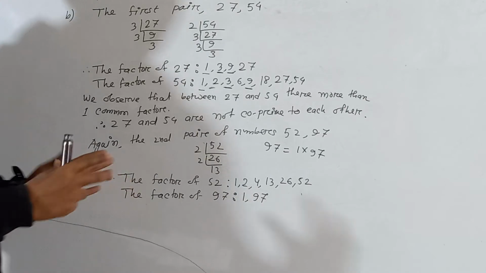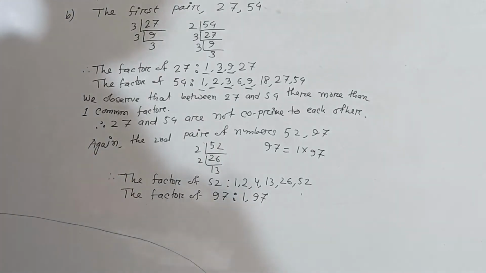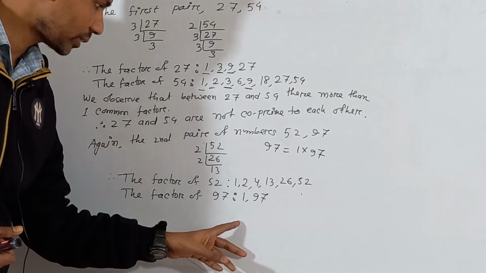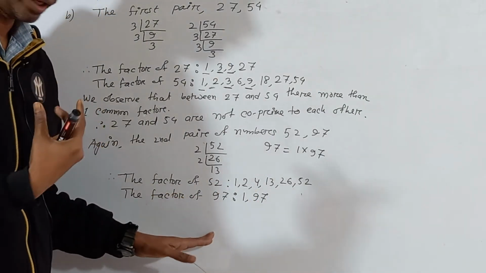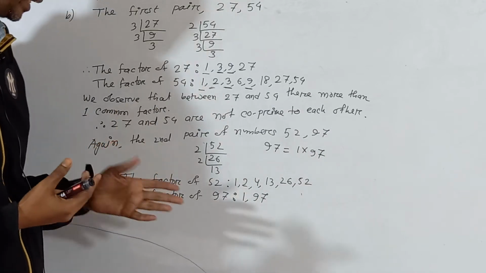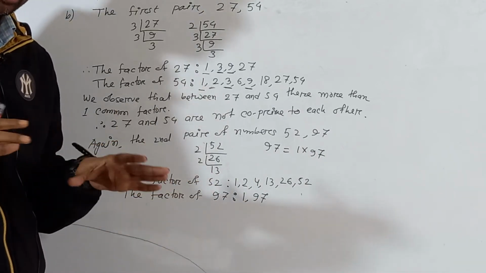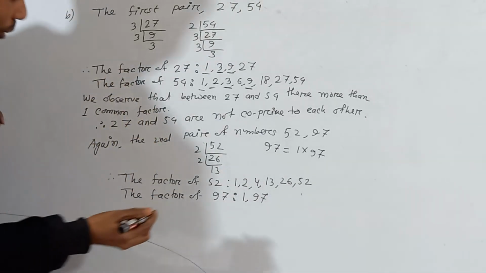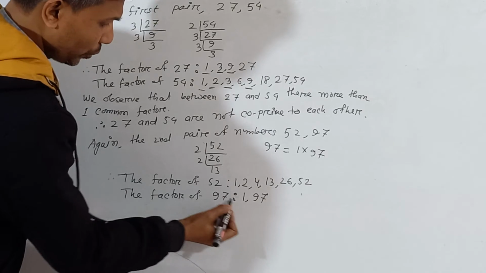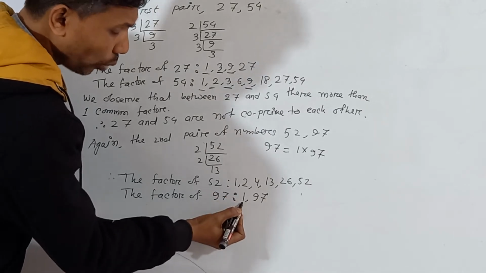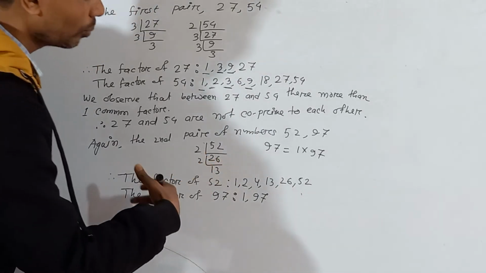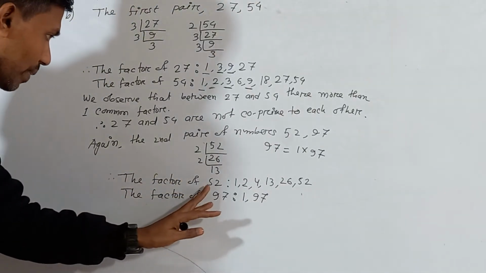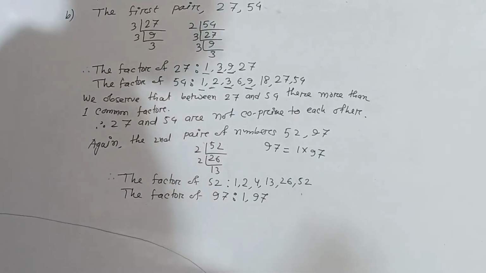Okay, so we know the characteristic of common factors: between two numbers, if except one there are more common factors, then those two numbers are not co-prime. But here you see, between 52 and 97 there is only one common factor, and there are no more. Therefore we can say 52 and 97 are co-prime to each other.